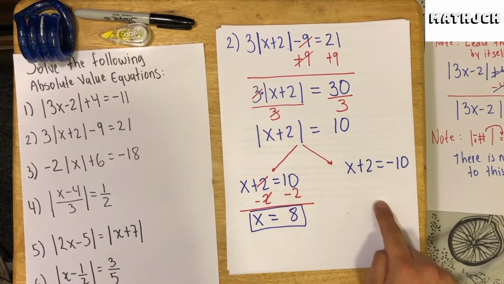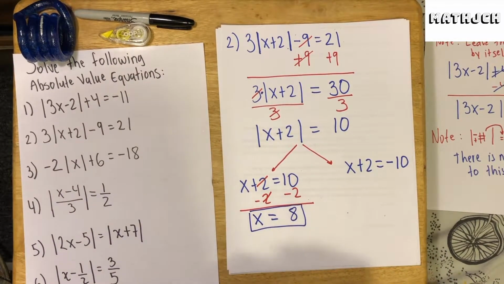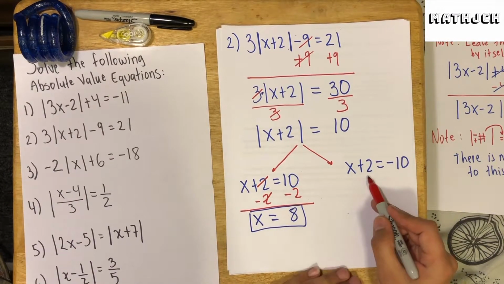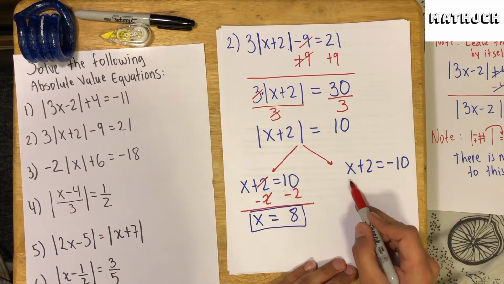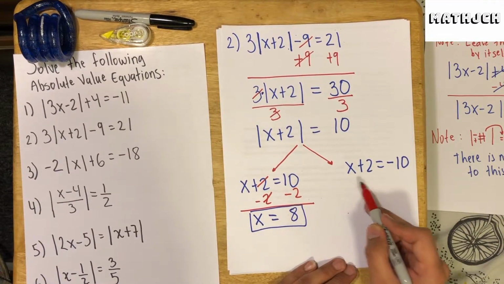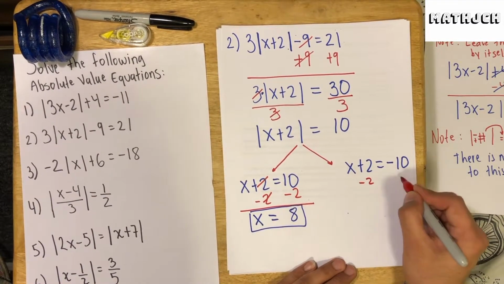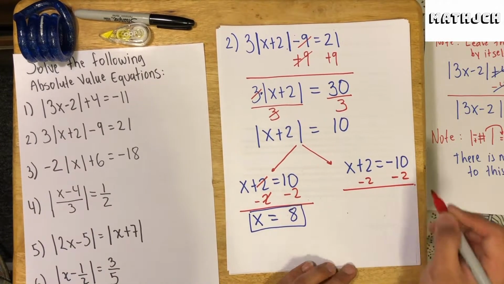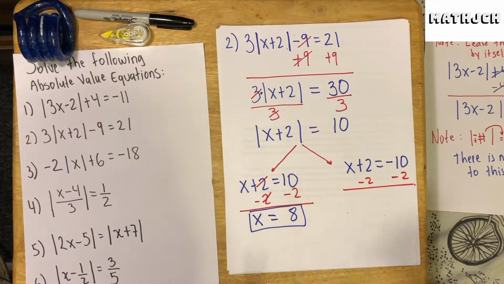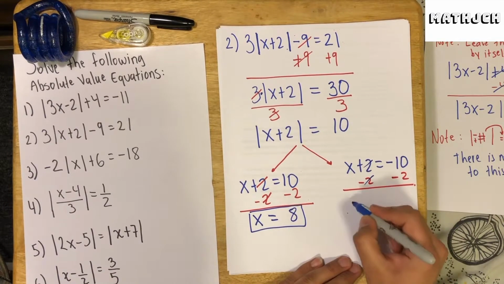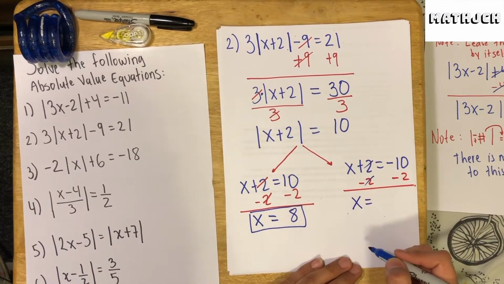Now, let's jump onto the second case here. Same principle, right? So we solve for x. That means that I need to move that 2 to the other side in order to leave the x by itself. It is adding, so we do the opposite, which is subtract from both sides. And again, this cancels with this, and I'm left with x equals.